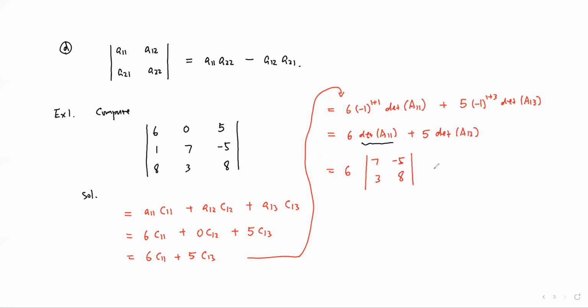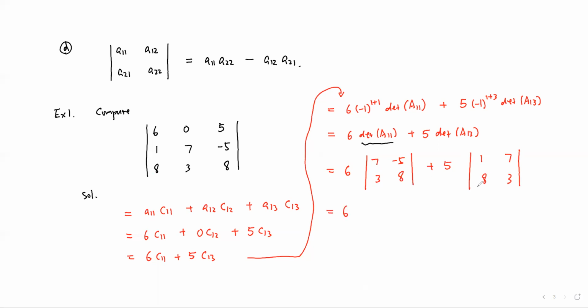Then plus 5 times capital A13. Capital A13 is the matrix obtained by deleting row 1, column 3. So this part remains: the determinant of 1, 7, 8, 3.